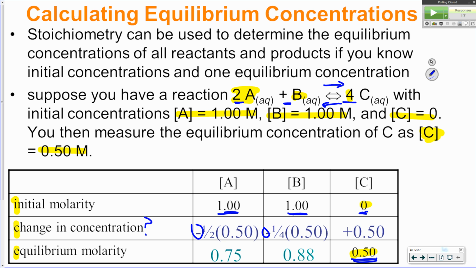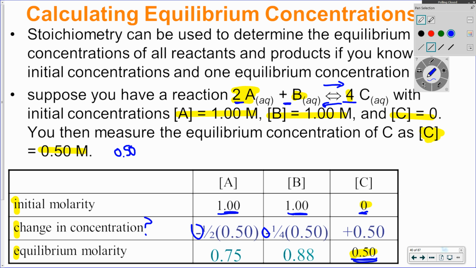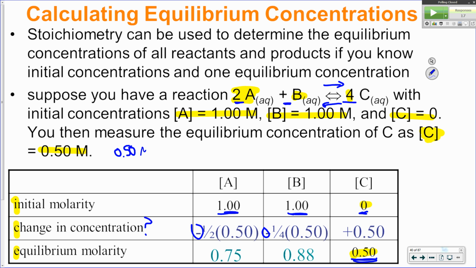The same way that we've done mole conversions all through GenChem 1 and GenChem 2, I can take that. I've got 0.5 molar of C.